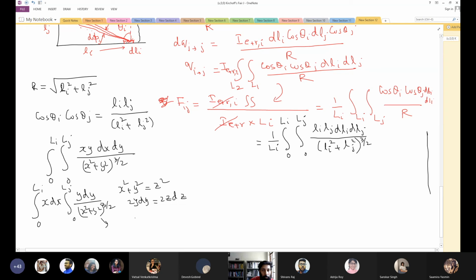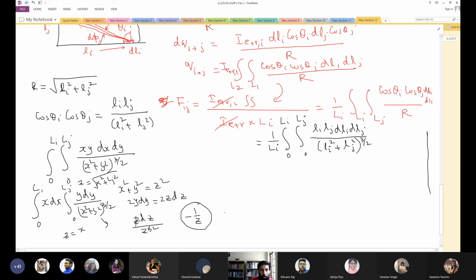So this becomes z dz divided by z cube. If you integrate it, minus 1 over z. When y equals 0, z equals x, and at the upper limit z equals the square root of x square plus Lj square.